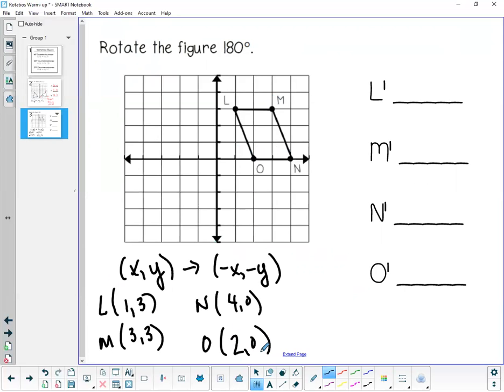Using this rule, I want you to send me a private comment: what is L prime going to be?